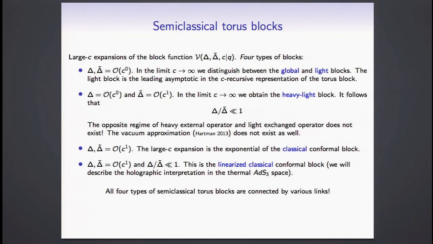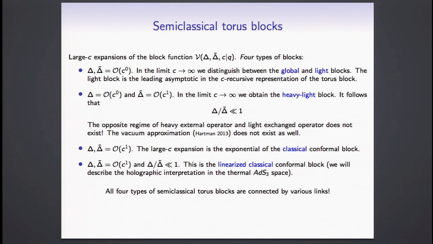The first two blocks are related to the case when we choose two conformal dimensions to be light. It means that they are not related to the central charge, and when the central charge tends to infinity, they remain fixed. So there are global and light blocks, and the global block is related to the SL(2) subalgebra of the Virasoro algebra, while the light block is related to the leading asymptotic in the so-called c-recursive representation of the torus block.